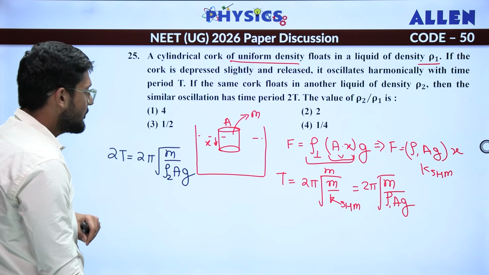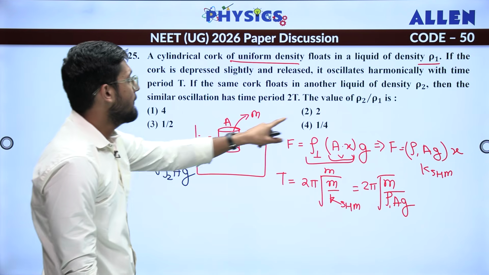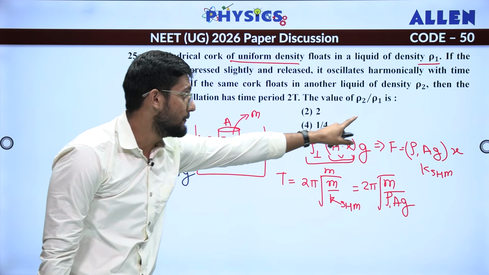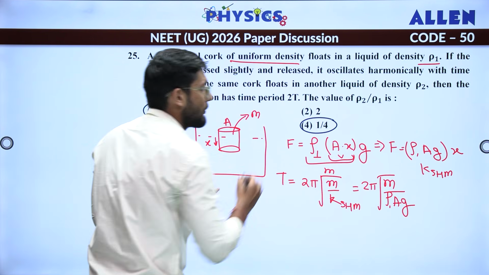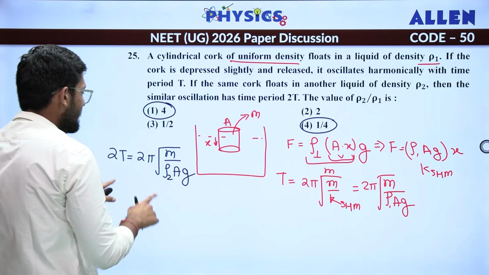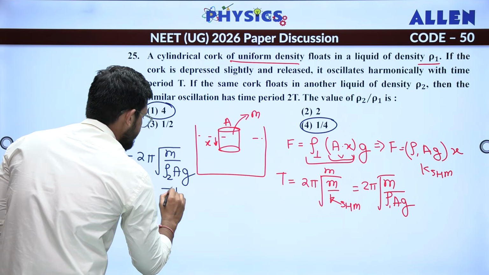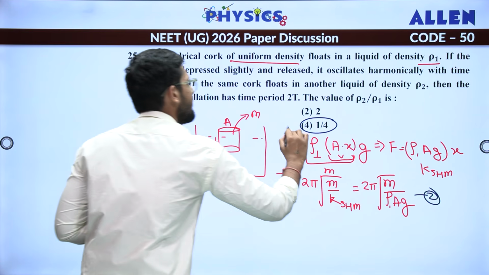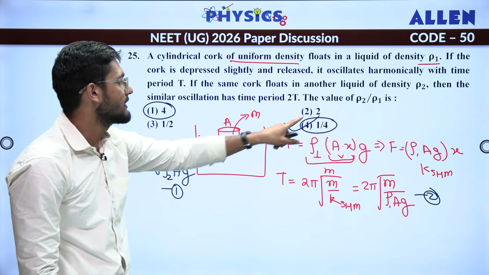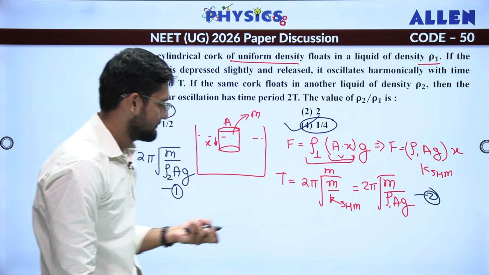Now I need to find the ratio of rho 2 by rho 1, and be careful with this part because they have given 4 and they have given 1 by 4 also. So when you solve these two equations, you will get 1 by 4 as the answer because they are asking for rho 2 by rho 1.